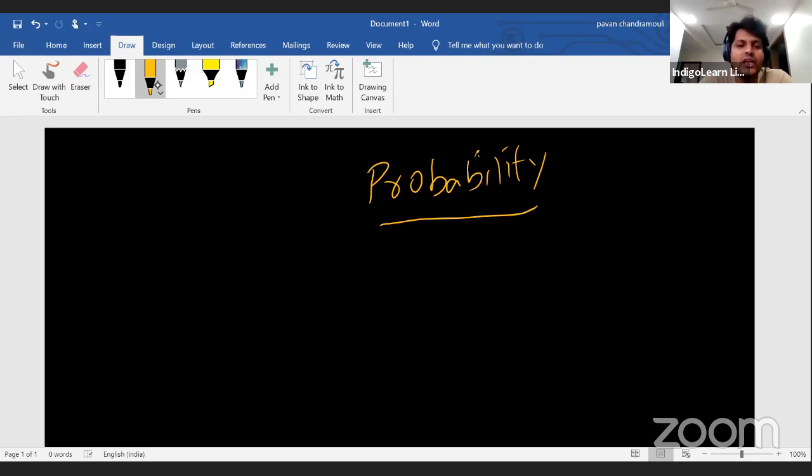But at the end of the day, probability tells you it's like a chance out of the total. What is the possibility of the event that you want to happen? What is the ratio?